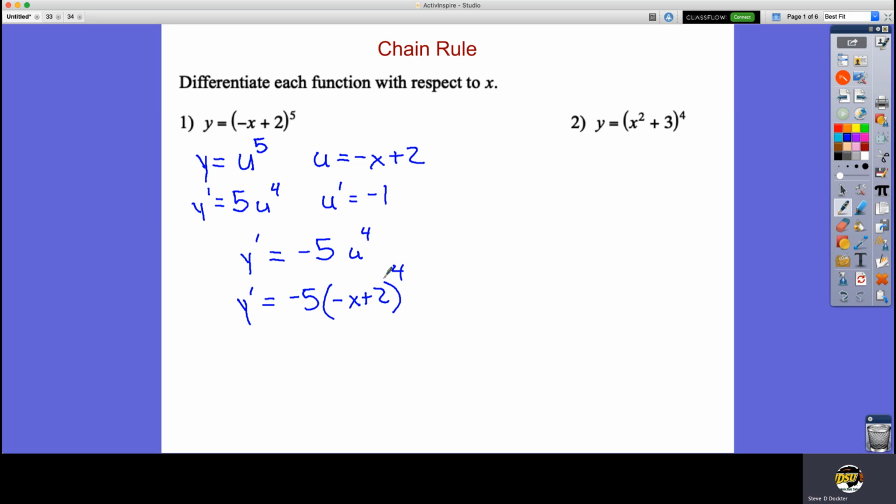Now you have to build that chain because we have an expression raised to a power, and this is by far the easiest way to do it. What you could do is multiply this whole thing out, which nobody wants to do, and then take the derivative of that thing. You would get the exact same answer. It's just going to take you a whole lot longer to do it.